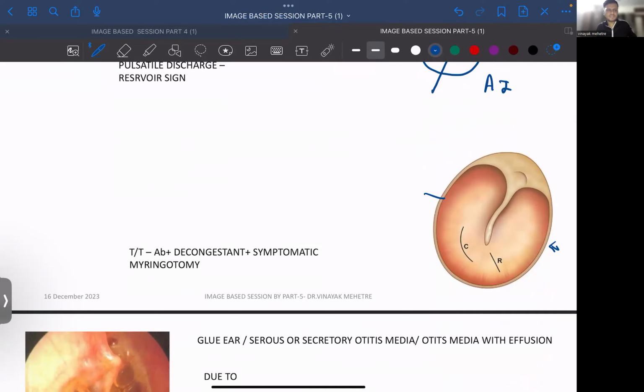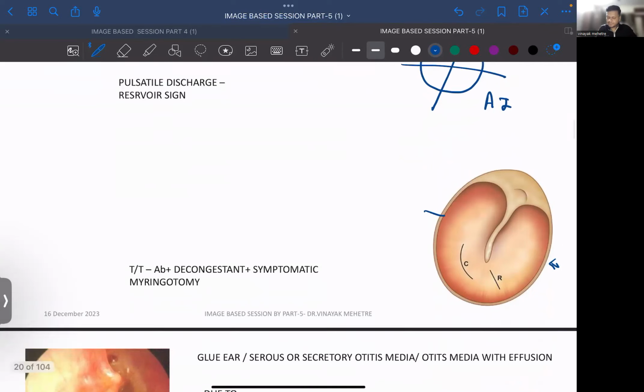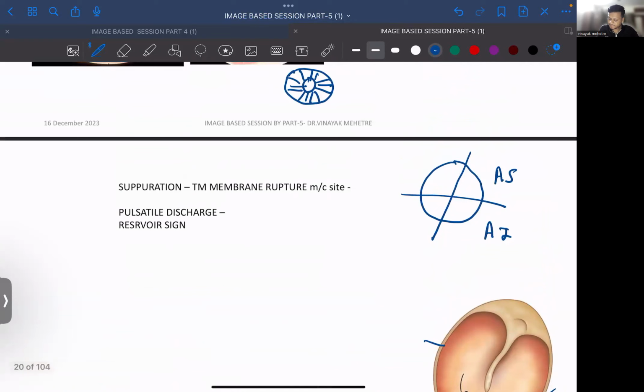So it is anterior superior, anterior inferior, posterior superior and posterior inferior. The most common site of tympanic membrane rupture is the anterior inferior quadrant.